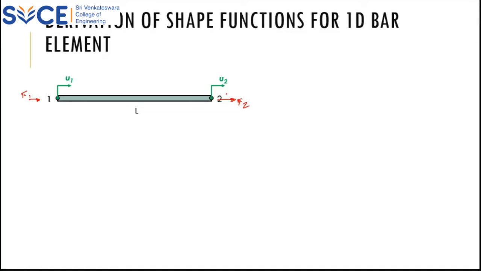So I'm going to take a trial function. Let me consider u of x is equal to a0 plus a1x. My main aim is to identify a0 and a1. For that I'm going to apply the boundary conditions.